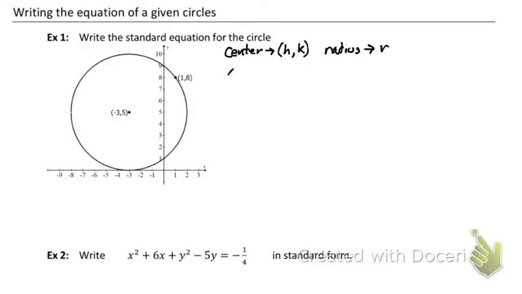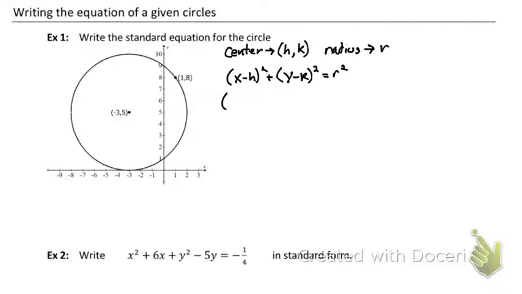So if we go ahead and start writing our equation in standard form, we have (x minus h) squared plus, nope, we need y in there, (y minus k) squared is going to equal r squared. I do know what my h and k values are. Now, the nice thing is since we know the -3 and 5, we just throw that in for h and k.